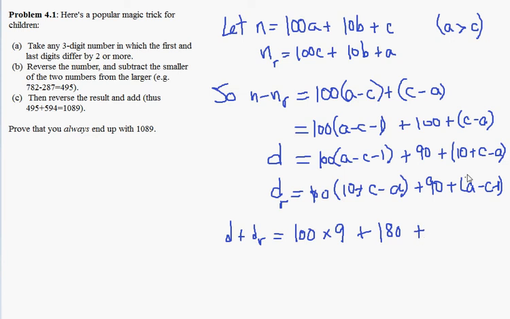And then on the units part, a minus c cancels c minus a, leaving me 10 minus 1, which is 9. And so that ends up with 900 plus 180 plus 9, which makes 1089. And so that is our proof that we always end up with 1089, and this comes directly from our base 10 properties.